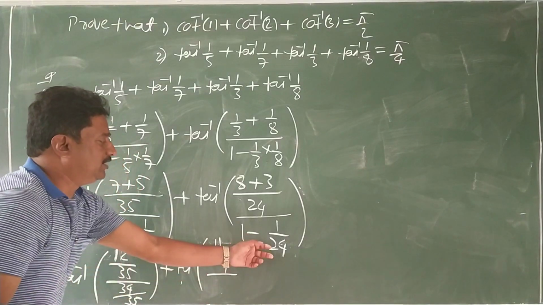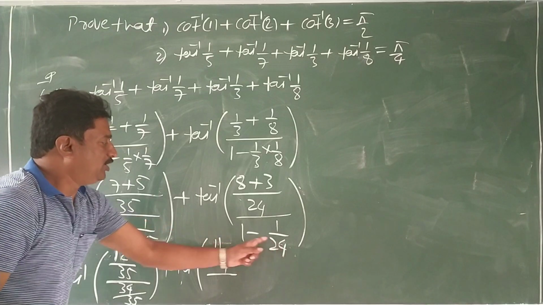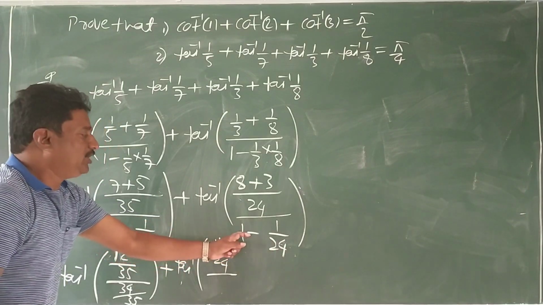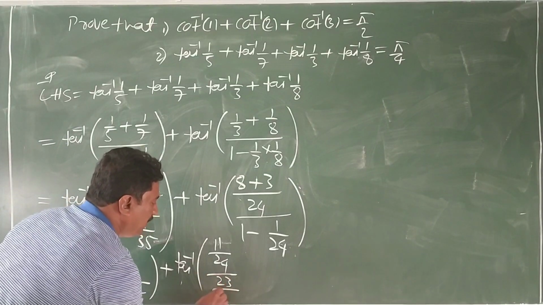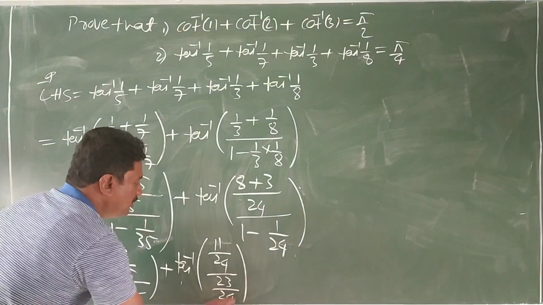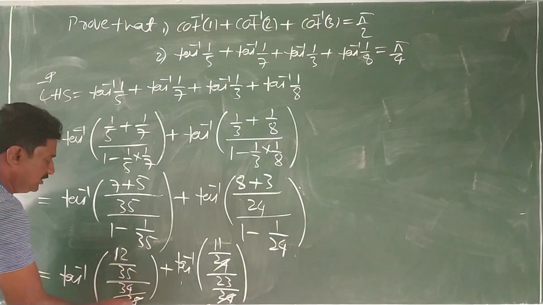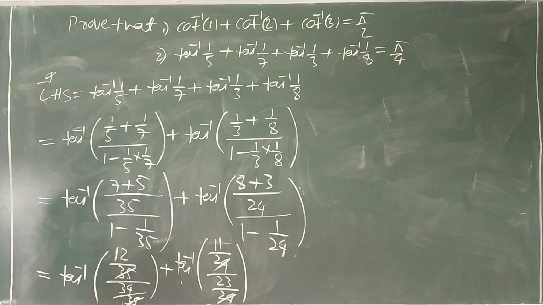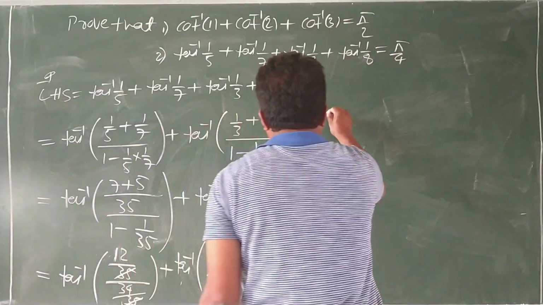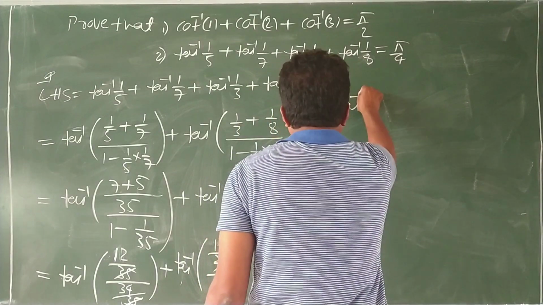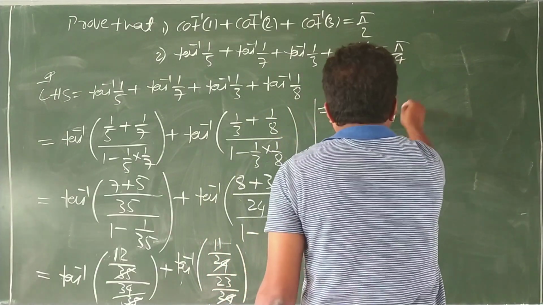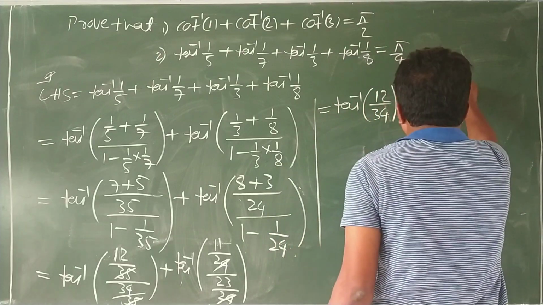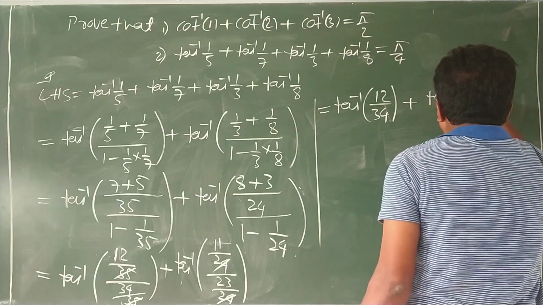Come to this one: LCM 24, 24 1s are 24, 24 minus 1 is 23, so 23 by 24. The 24 gets cancelled. 35 cancelled. Next step: tan inverse 12 by 34 plus tan inverse 11 by 23.